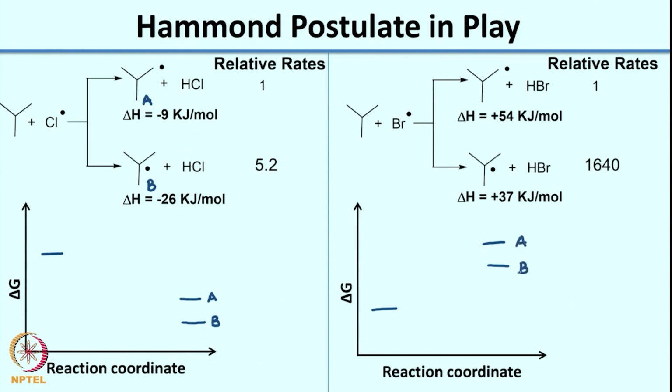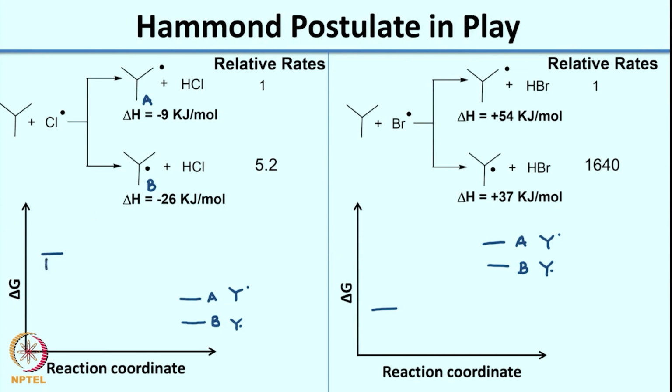And B, as I said, since it is a tertiary radical, will be more stable. Now based on the Hammond postulate, would you expect an early or a late transition state in the case of the chloride? You would expect an early transition state, and the transition state would actually resemble the reactant.